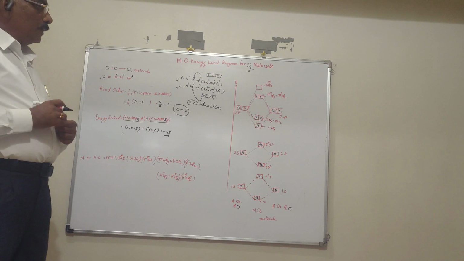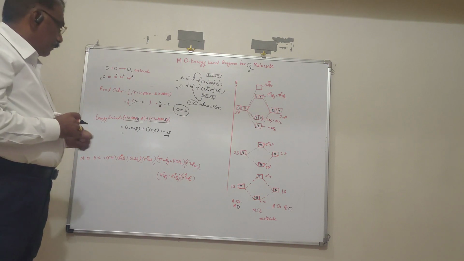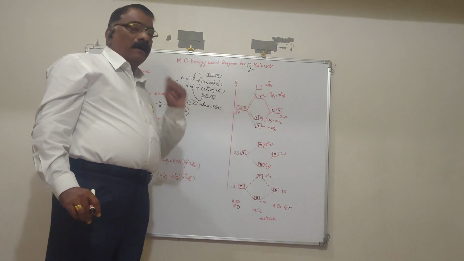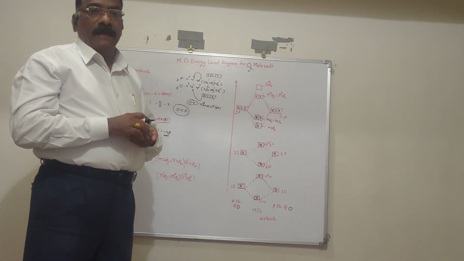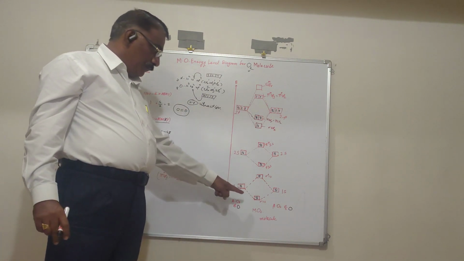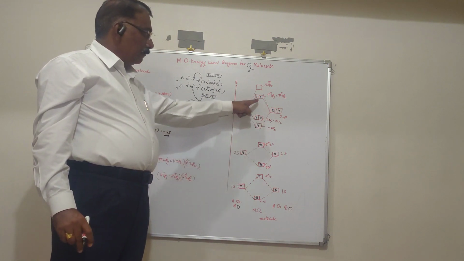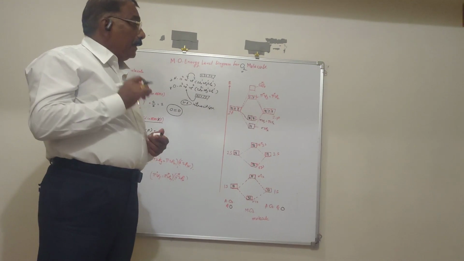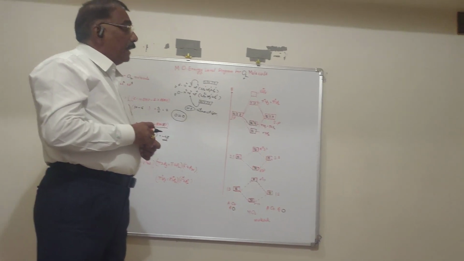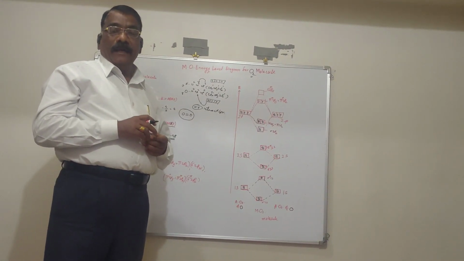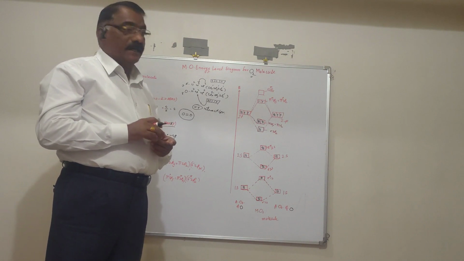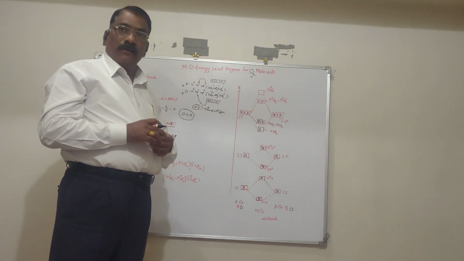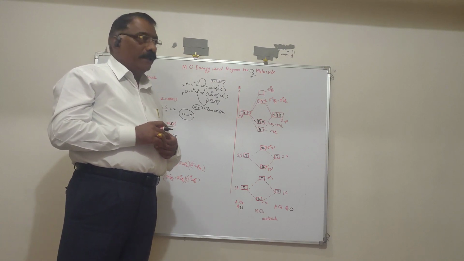Now, we are going to see the magnetic behavior. In case of magnetic behavior, if there are unpaired electrons, then the molecule is paramagnetic. See, in case of the oxygen molecule, there are two unpaired electrons in antibonding pi 2py and pi 2pz. That is, there is one electron each in pi star 2py and the equivalent energy pi star 2pz.